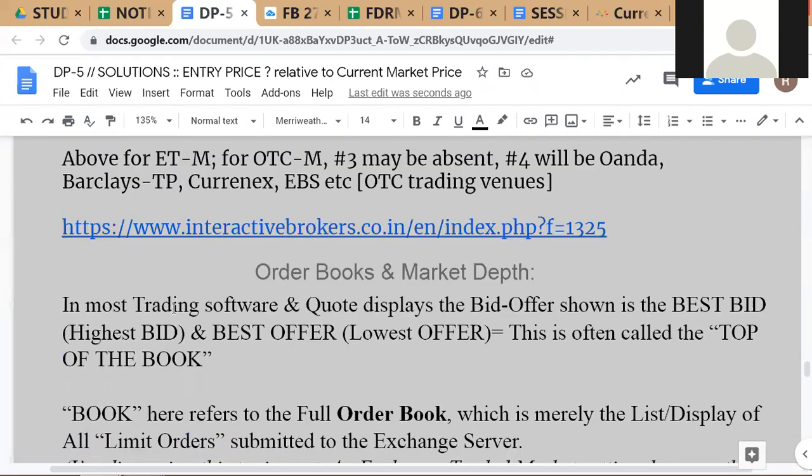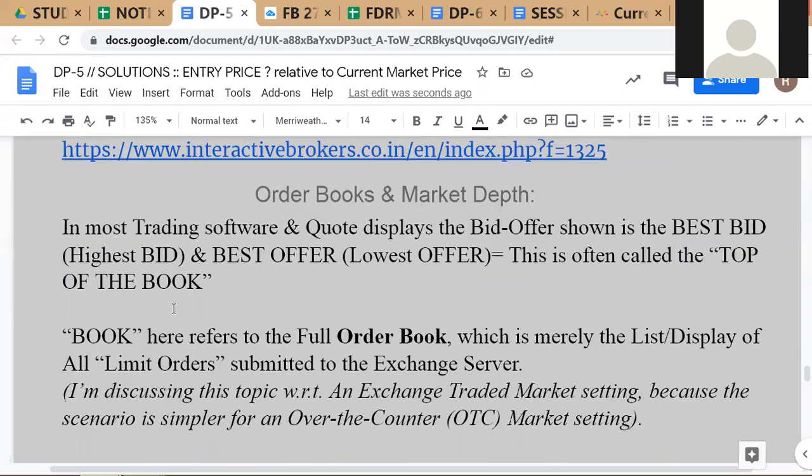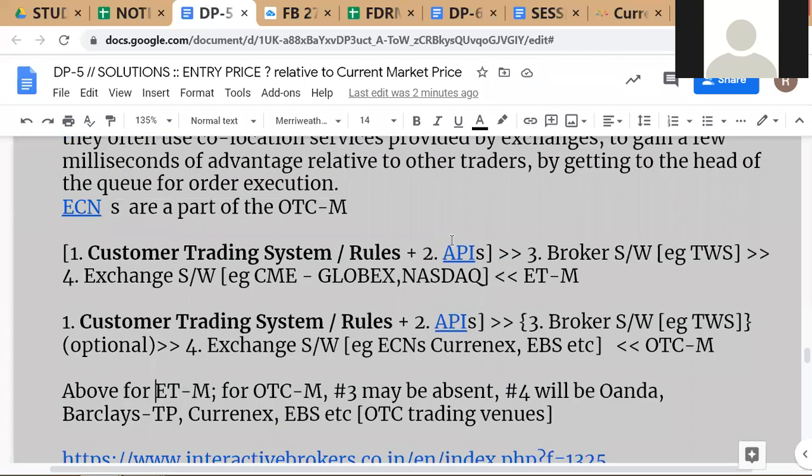Now the other thing I want to make sure we see here, since we are talking about order types, is a concept I think we should cover quickly. In your trader, you will see the concept of market depth and the order book. That's why you have to understand the technology architecture of trading.